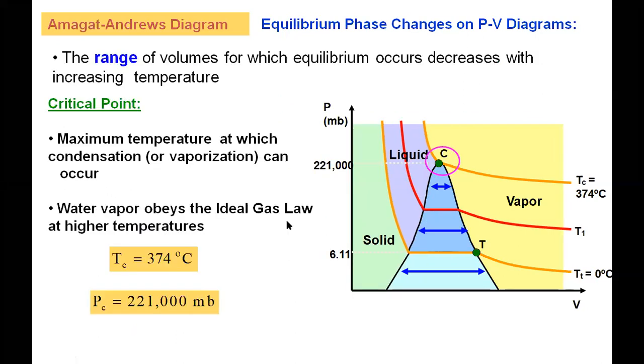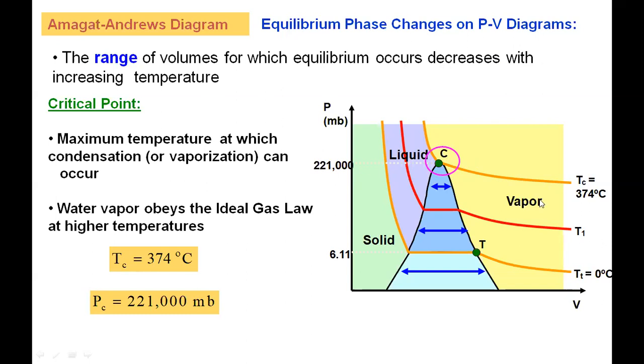Okay. So the range of volume for which equilibrium occurs decreases with increasing temperature. Critical point. This is the critical point C. So we have here a maximum temperature at which condensation or vaporization can occur. Then at maximum temperature, here TC, TC 374 Celsius.